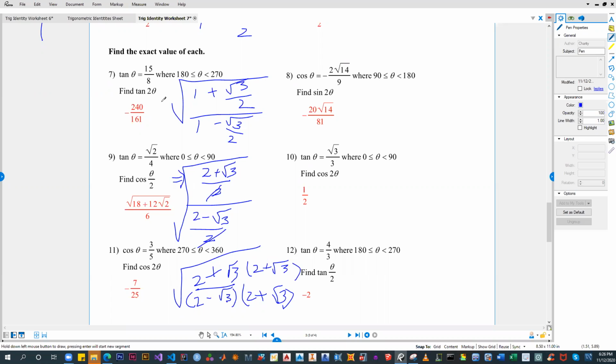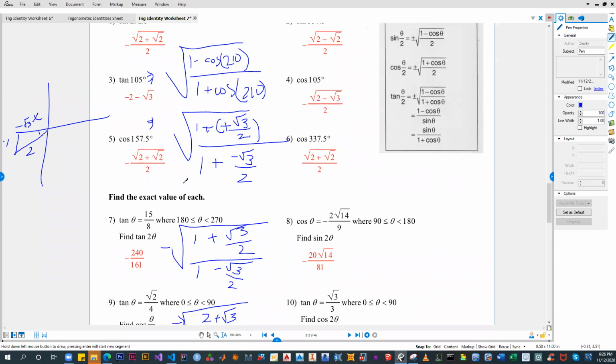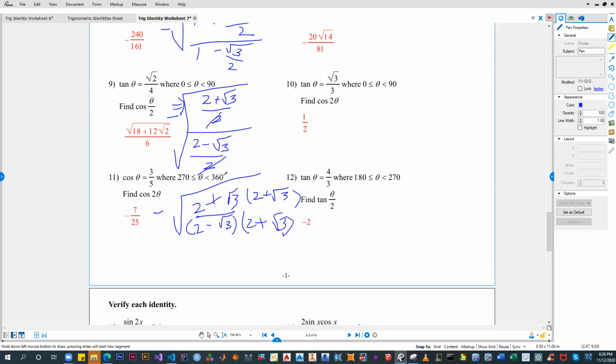Oh, yeah, and don't forget this is negative, negative, negative because of this guy. And then the bottom itself is, let's see, 2 plus... I'll probably leave it the way it is.